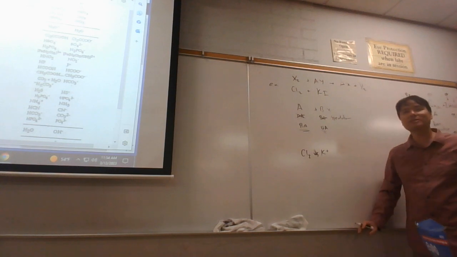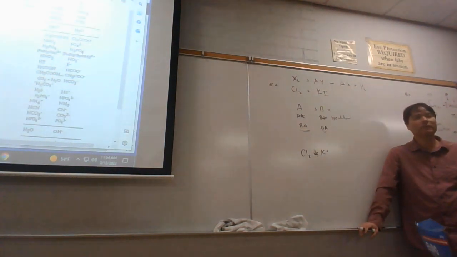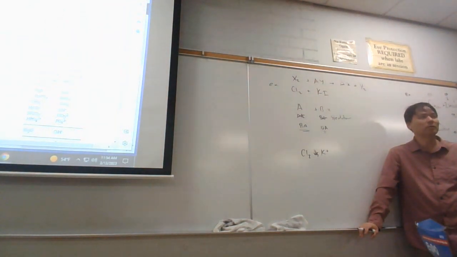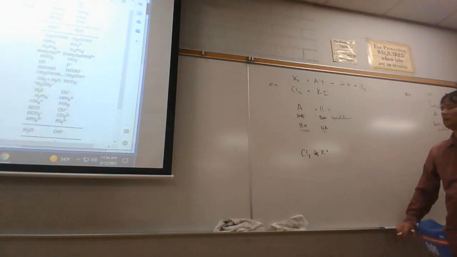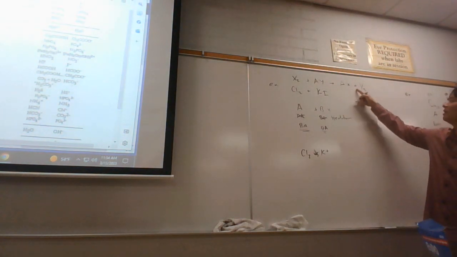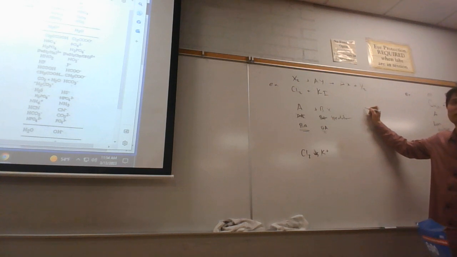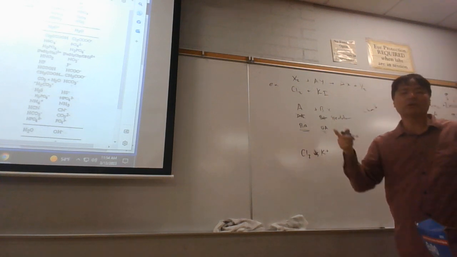Do you want to memorize that one? This is the single replacement pattern for halogens. If you want to stick with single replacement, you have to know this one too. Or, if you don't want to memorize this, then you just use the chart method. So you have two choices here.